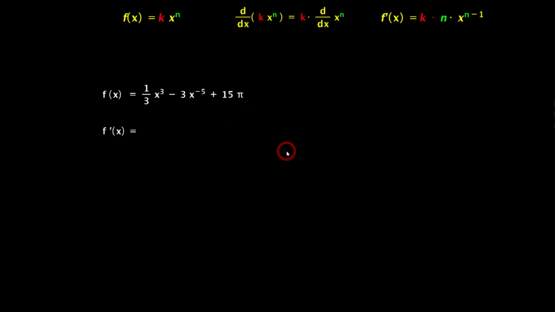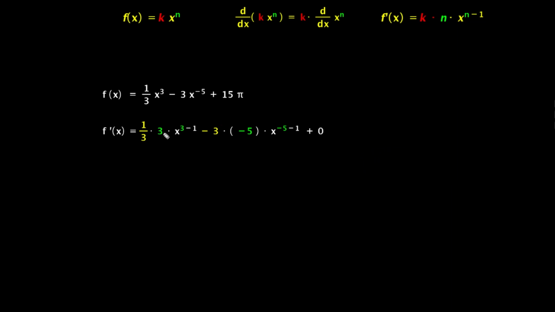So we know the laws. It is going to be the derivative of the coefficient, which is 1/3, times the 3 times x with 3 minus 1, the first part. Second term is negative. The coefficient is going to be -5 times x with -5 minus 1, plus the last part. The reason being it's a pi, derivative of 15 times pi is 0.